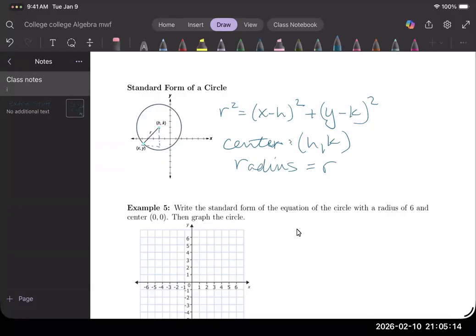We said standard form is nice. The other form is general form. We'll look at that in a hot second. General form is basically the standard form distributed out, so that would be like 0 equals ax. Oh no, there's no a. Forgive me.